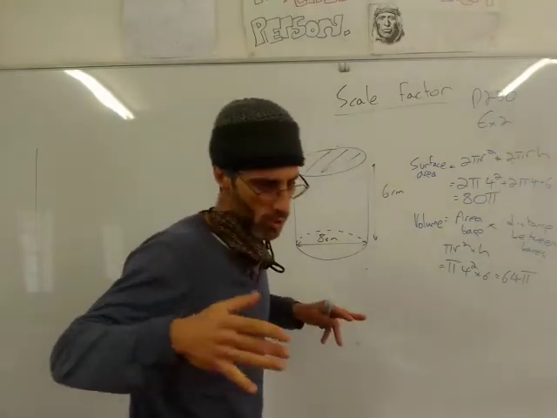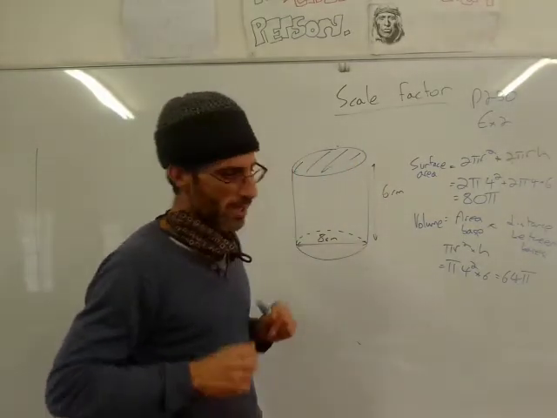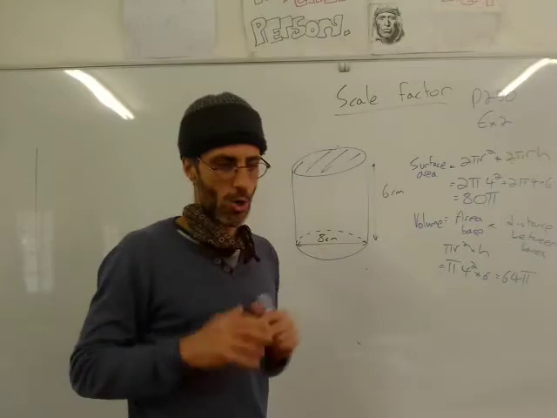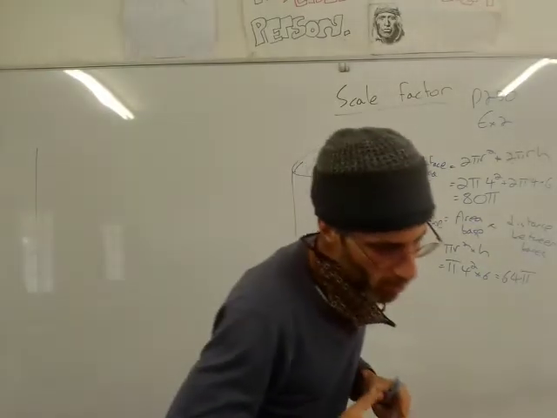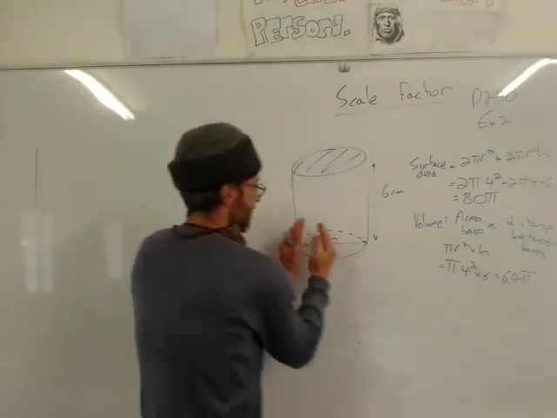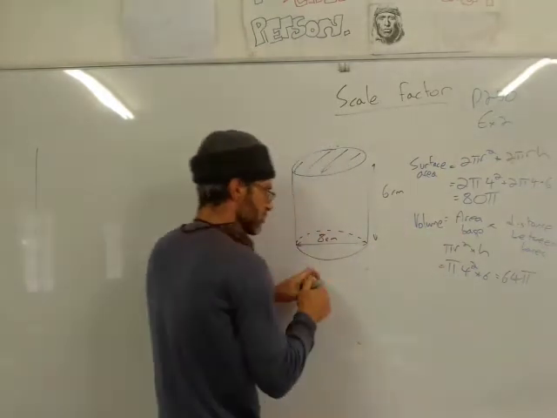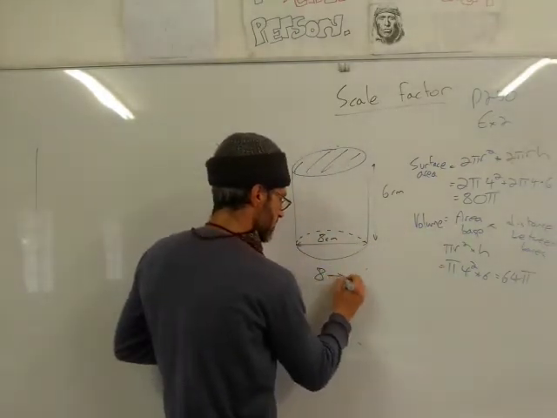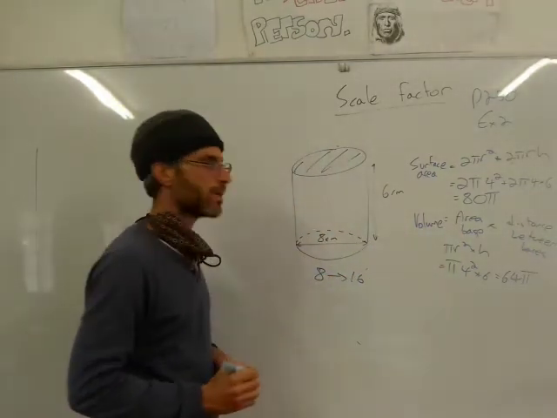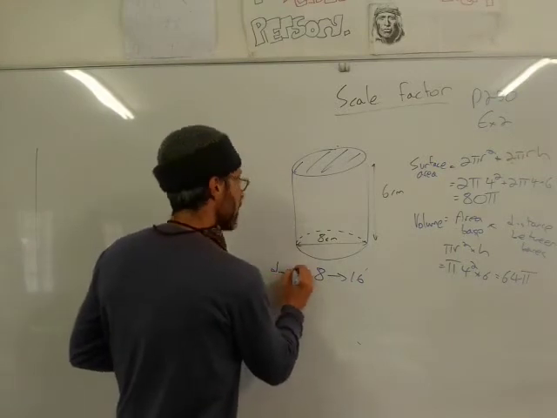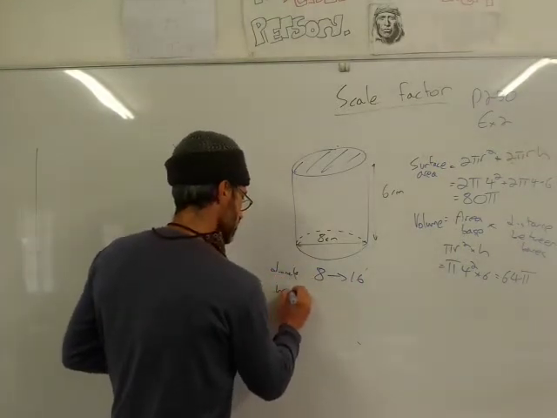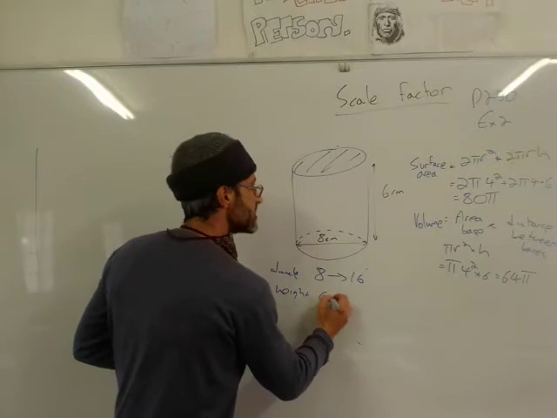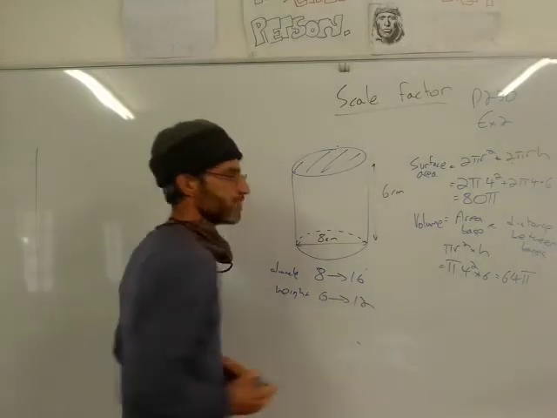In this question, which I took from exercise 2, they tell you we're doubling all the measurements. So doubling the diameter: the new diameter goes from 8 to 16. And the height is going to go from 6 to 12.